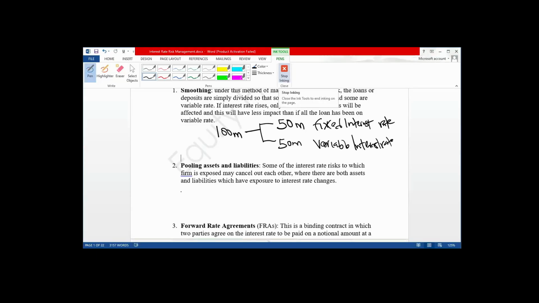Pooling assets and liability together. How does this work?